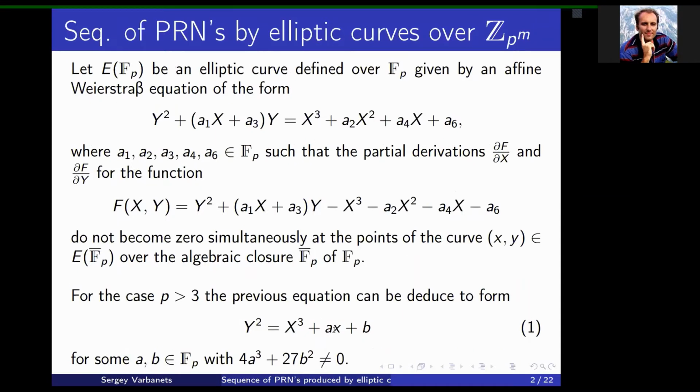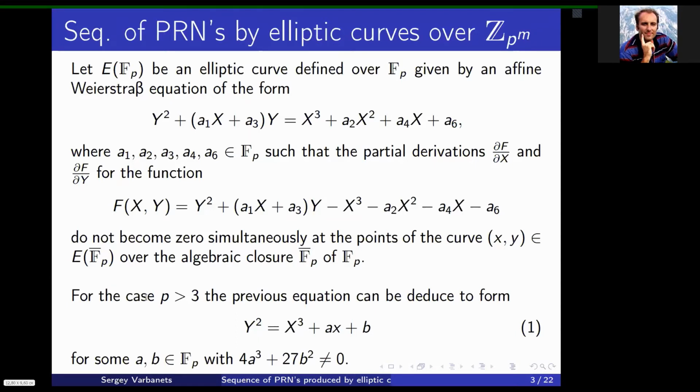Okay, so let E be the elliptic curve defined over the field F_p, given by a Weierstrass equation of the following form, where the coefficients a1 through a6 are such that the partial derivatives of the function f presented here do not become zero simultaneously at the points (x, y) of the curve E over the algebraic closure.